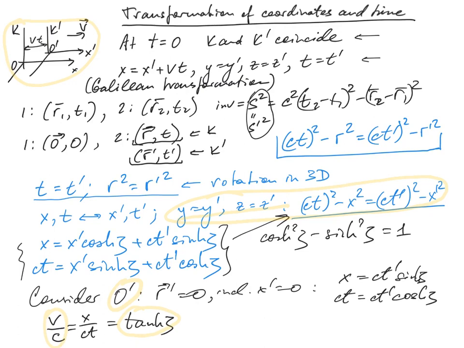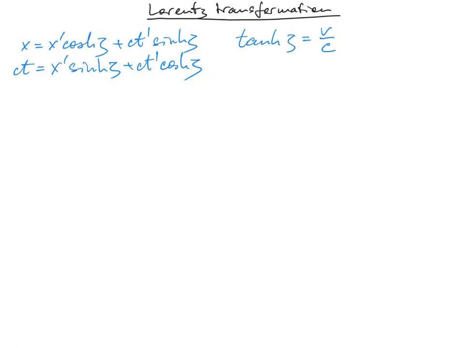Now this also tells you how the parameter zeta is related to the velocity v. So now we can get rid of it in the transformation formulas here and express the transformation directly through the velocity. Now that we have the hyperbolic tangent, we can easily find the cosh and sinh. So cosh is 1 over square root of 1 minus tangent squared, which becomes 1 over square root 1 minus v squared over c squared.